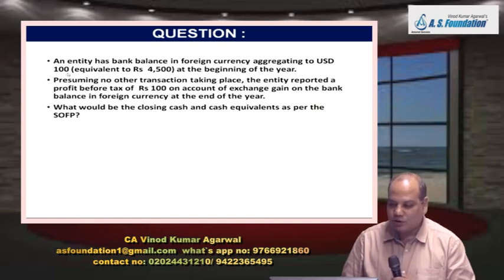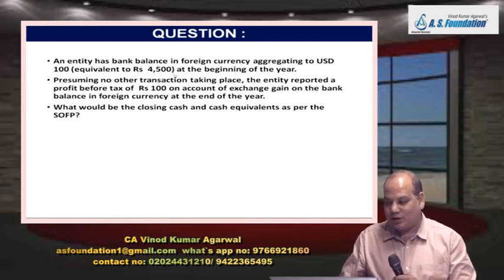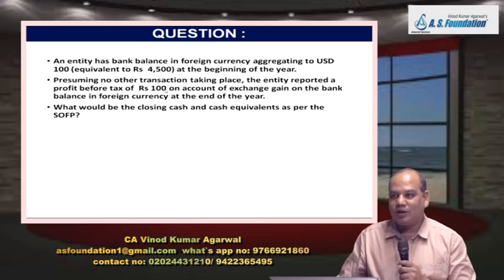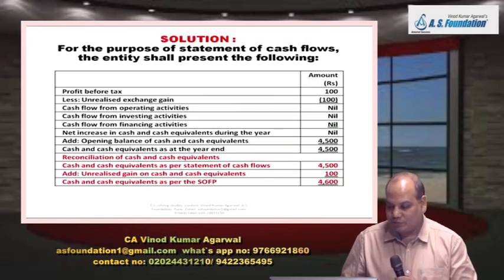Opening balance is 4,500. Closing balance is 4,600. So there is an unrealized gain of 100, which is a non-cash item. So that will appear as an adjustment in your indirect method cash flow statement. Is it right? It's a non-cash item.